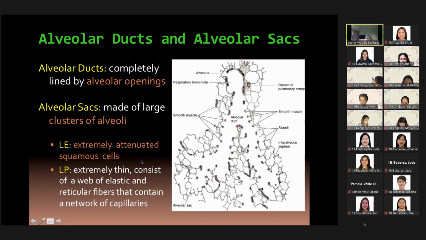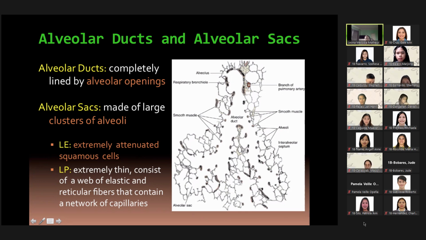Now, what about the lamina propria? You still have extremely thin elastic and reticular fibers where you may find capillaries. As you can see there, it's still a bit thick, because there is still lamina propria with elastic and reticular fibers, with capillaries.